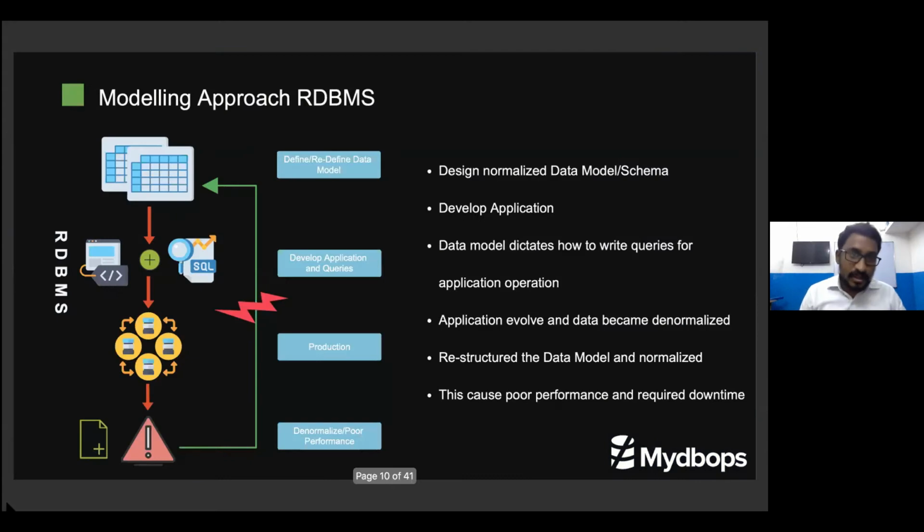Schema design, the modeling approach of RDBMS. Why am I jumping directly to the RDBMS modeling approach? Because when I'm talking about performance in MongoDB, we don't have many configuration parameters to tune. I also work parallelly with the MySQL team.